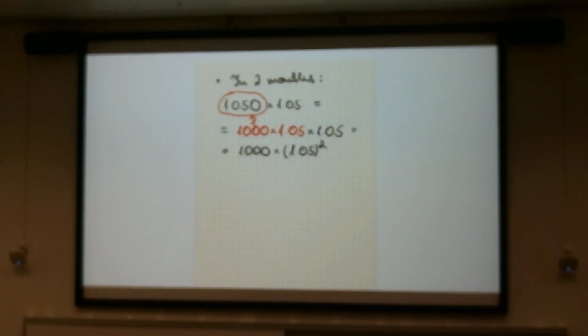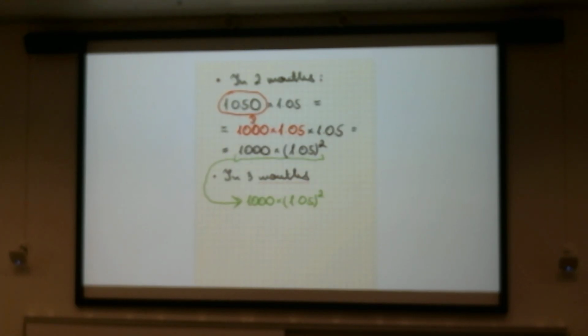Then naturally, in 3 months, I can follow the same chain of arguments. I simply take what I had after 2 months, and that's basically 1,000 times 1.05 to the power of 2, because it's after 2 months, and then it's going to grow for another extra month.